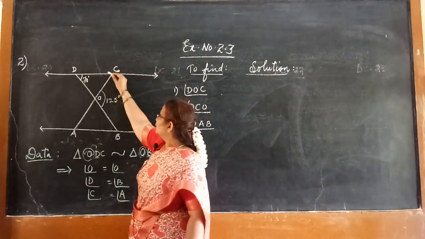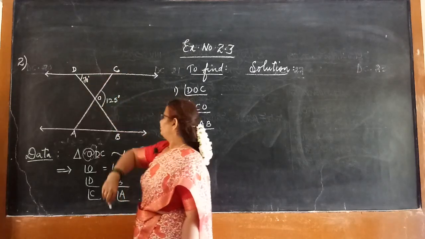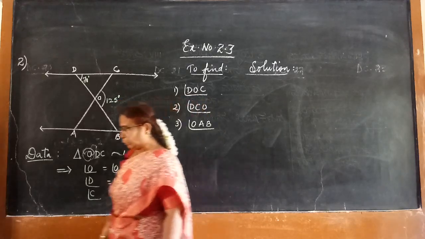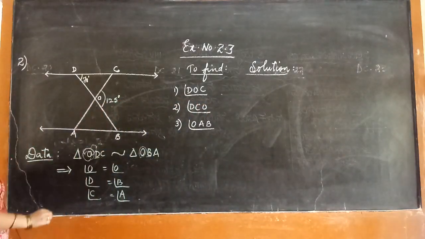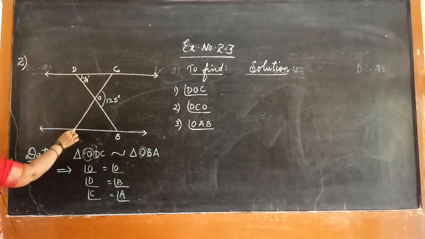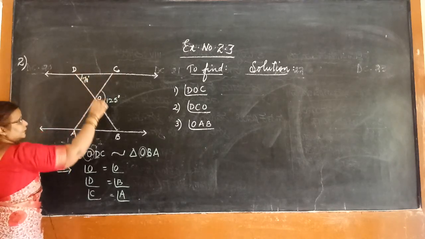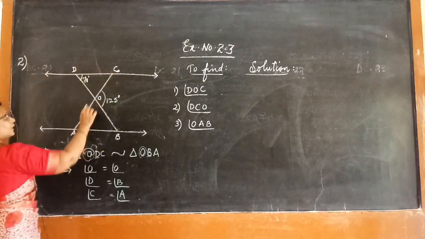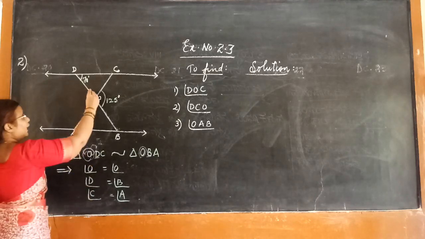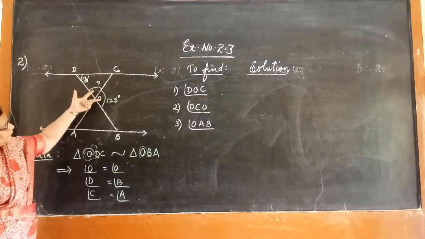They have given the measure of the angle ODC, this is 70 degrees, and COB is 125 degrees. Looking at this figure, immediately we can recall one of the propositions. See, a straight line and a ray, so many adjacent angles are here. If I have to identify this angle, look at these two angles.